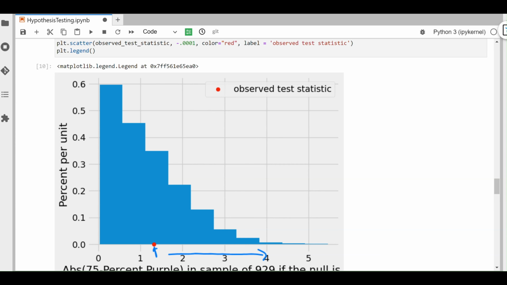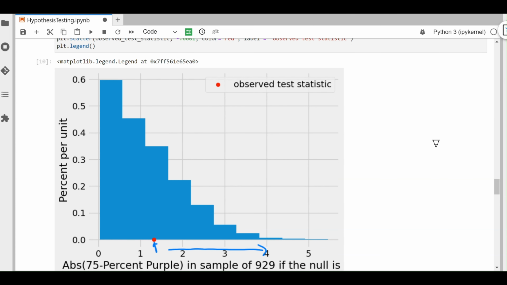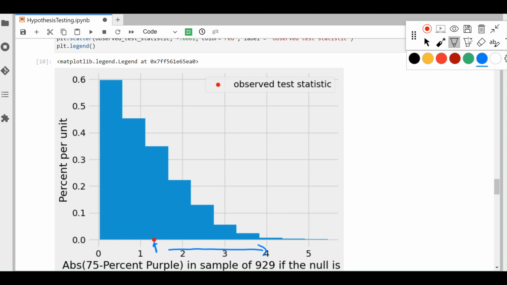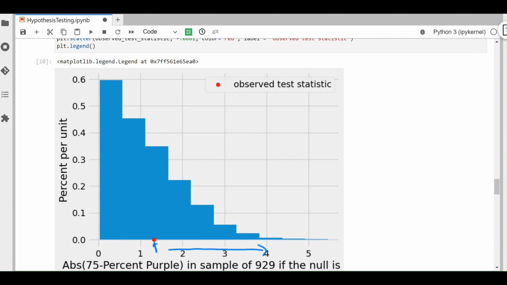We would see a larger difference between the absolute value of 75 and the percent purple. So let's actually shade that in on our plot, because that here is the probability, if this null hypothesis is true, of observing what we did or something more extreme. In other words, that's our p-value.